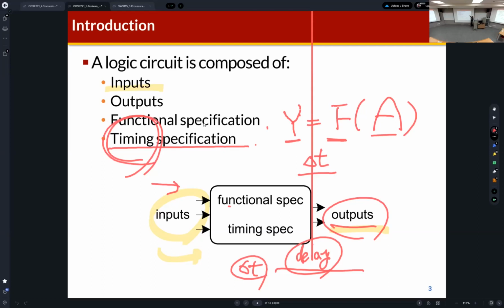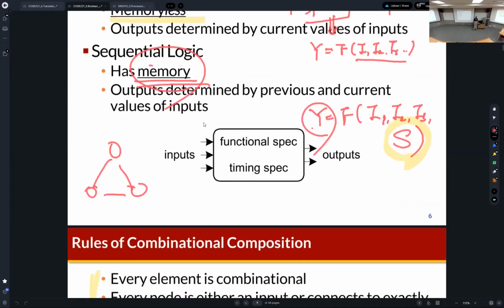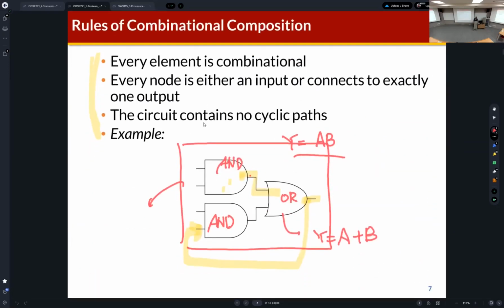When the digital system is defined, we can define these factors: inputs, outputs, the functional specification and the timing specification. So we learned about the combinational circuit. These are the rules of combinational composition. If combinational circuits meet these rules, we can say this is a combinational circuit.